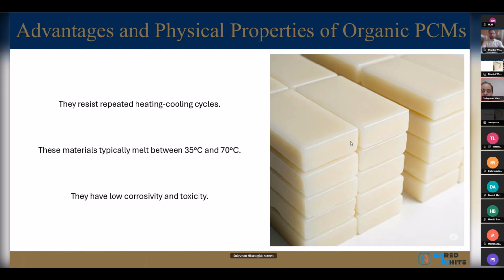Additionally, they do not undergo unwanted phase separation during melting and freezing. Typically, they melt between 35 and 70 Celsius. Paraffin is also low cost, non-corrosive, and non-toxic.